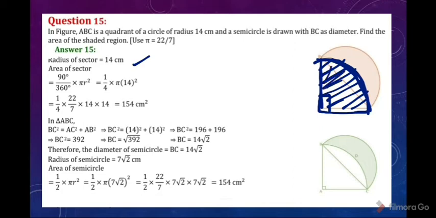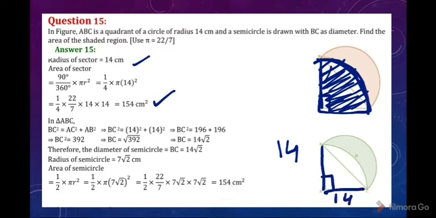So the area of this sector will be 154 centimeter square.